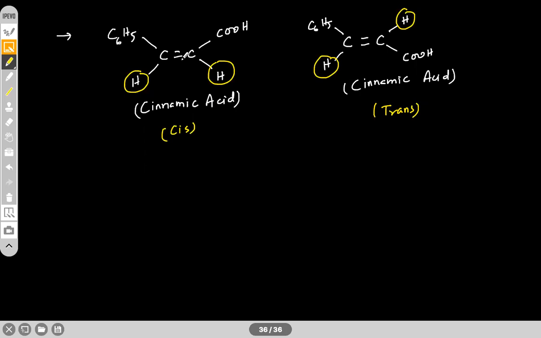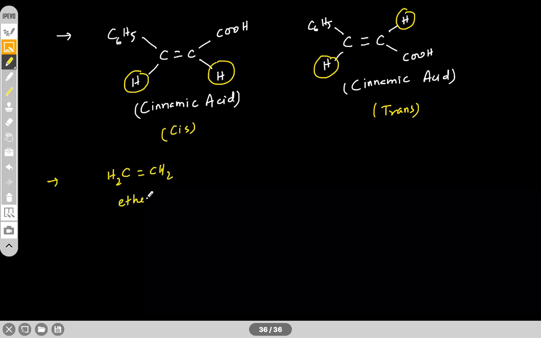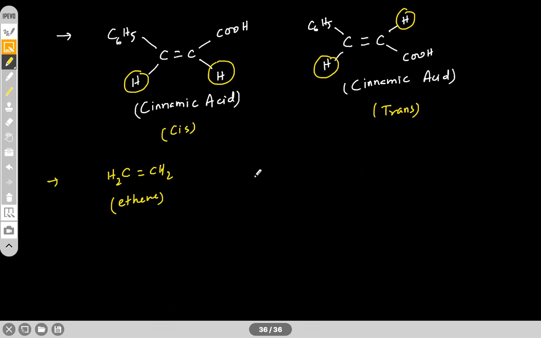This compound is a substituted alkene. Let me explain what a substituted alkene is. Suppose we have CH2 double bond CH2, this is ethene. And CH2 double bond CH CH3 is prop-1-ene or propene.